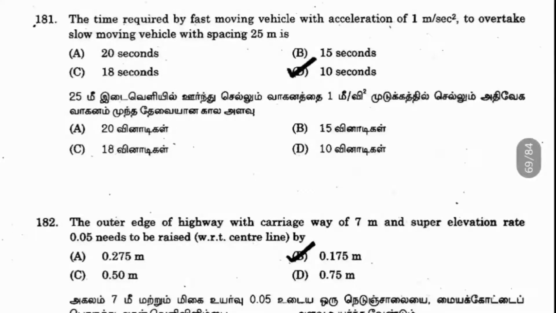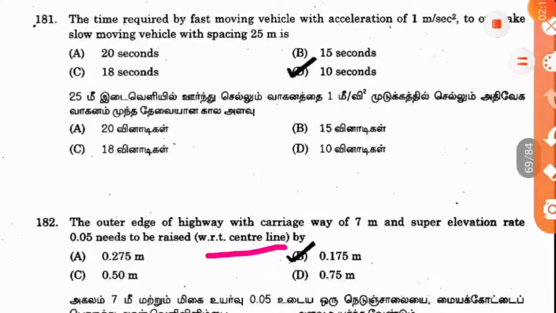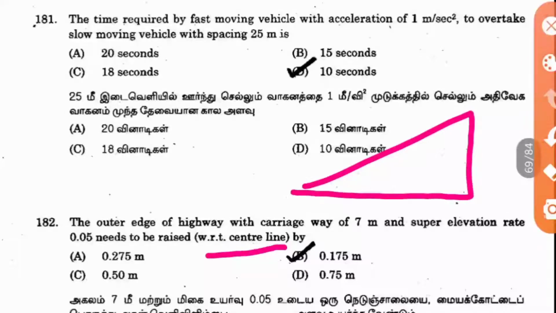Okay, but in the bracket you see in the question they have given it as with respect to the center line. Okay, so if this is given, then you have to divide it by 2. Why? Let me draw the diagram like this. So if this is the road, here only the angle will be there for the super elevation to be raised. So we call this as theta here.